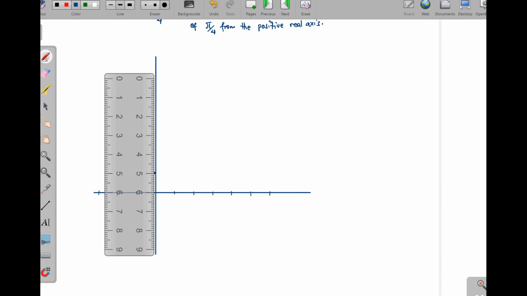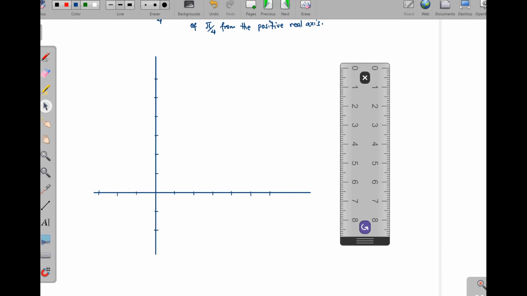Then we have this point here marked, this one here, this one here, this one, this one, this one, maybe one down or two, like that. Then I can take that away. Label your axis. This is the imaginary axis of Z. This is the real of Z. Are we there?